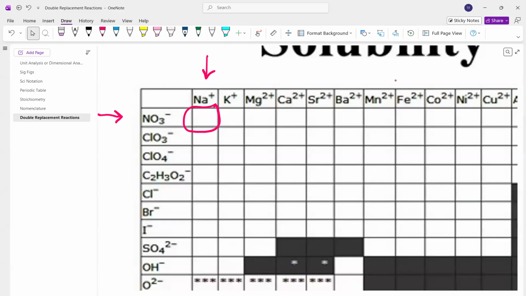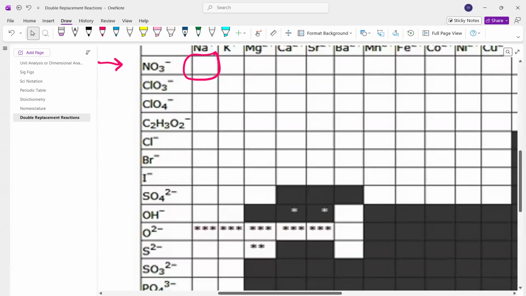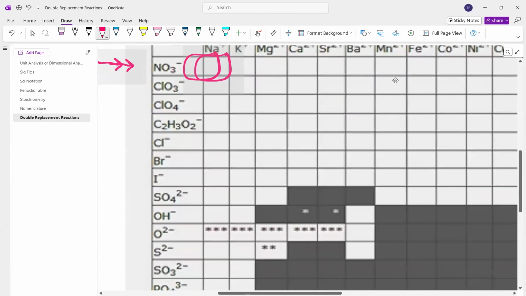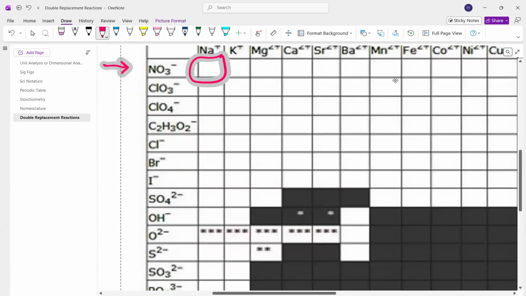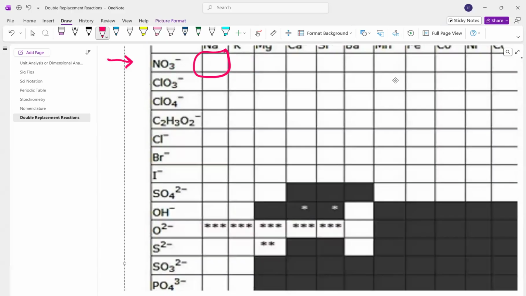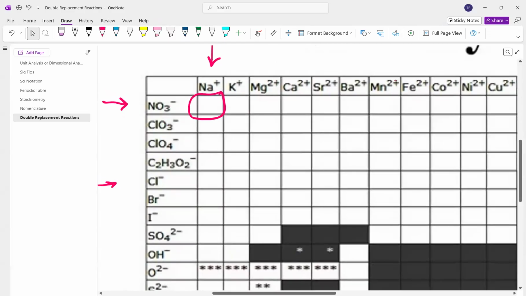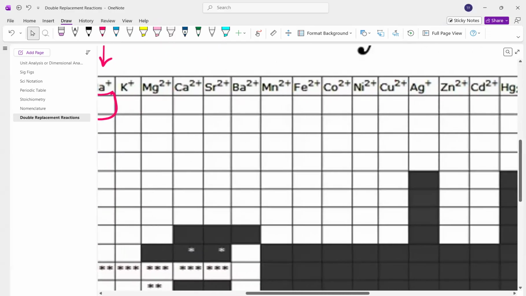Okay, so let's do the other one now, which is chloride, and silver.